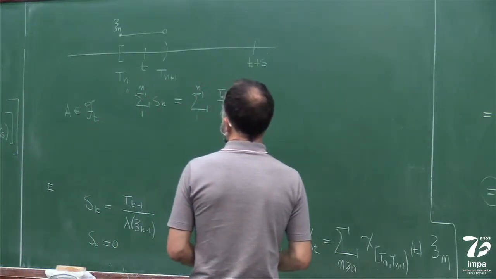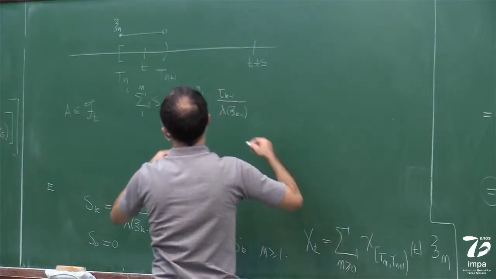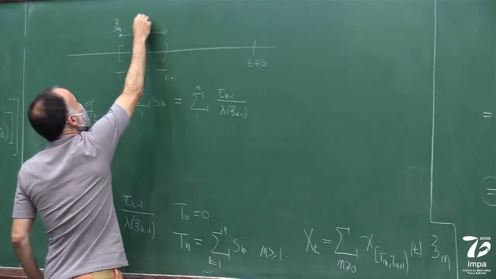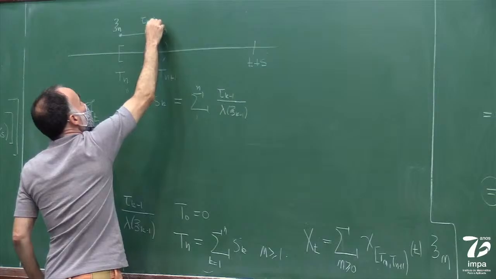And Tn plus 1, this interval here, is just tau n divided by lambda psi n.